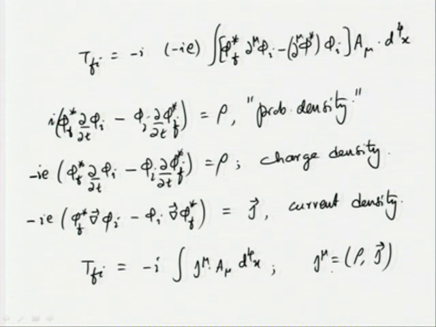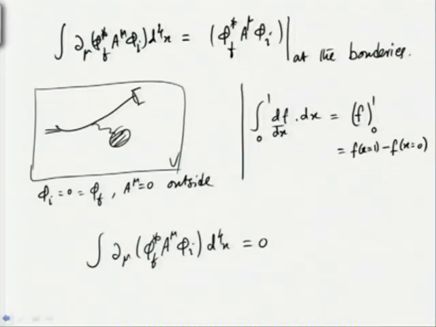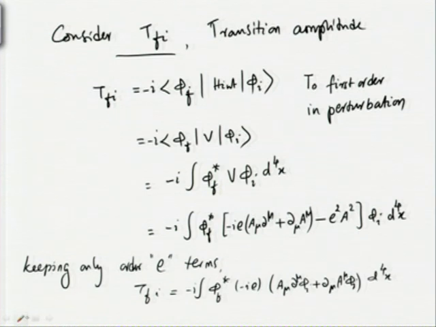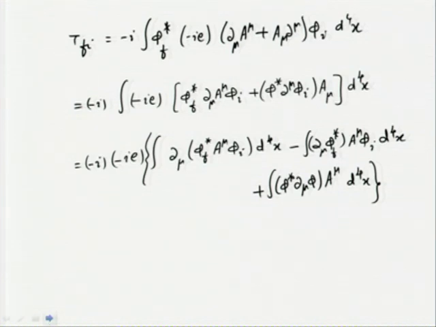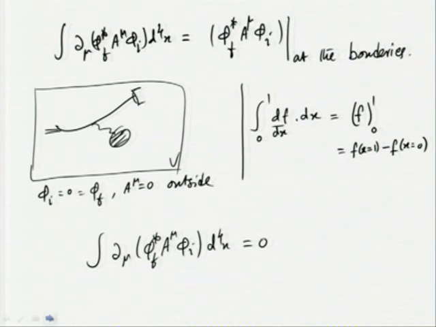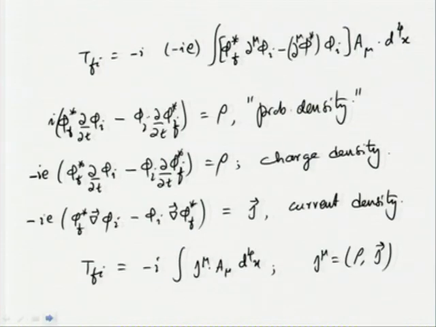So, what we have done is we had considered interaction picture in which the transition amplitude can be written in the first order perturbation in this fashion, and by interpreting them in terms of charge density and current density, we could write T f i as an interaction of the electromagnetic field represented by a mu with the 4 vector current density j mu.